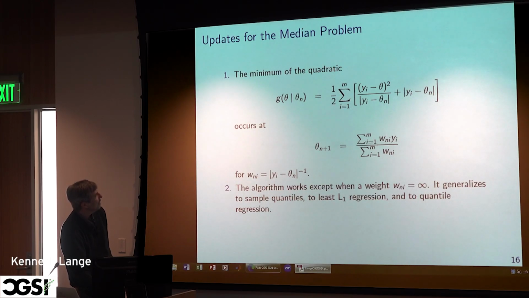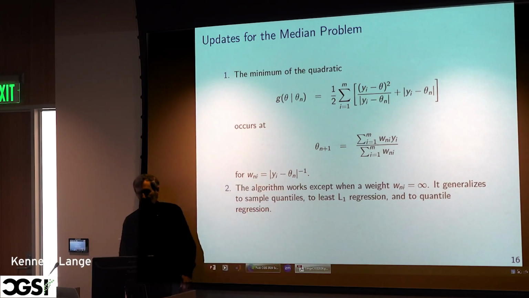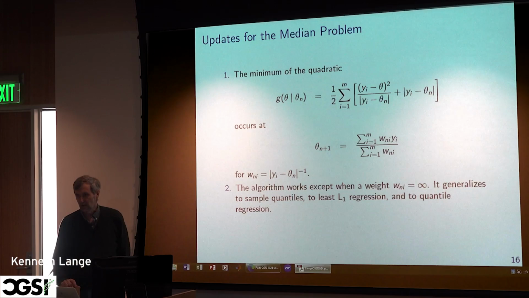When you differentiate that g function, the surrogate, and solve for theta, you get a weighted average of your original data points, and the weights are these reciprocal absolute deviations.